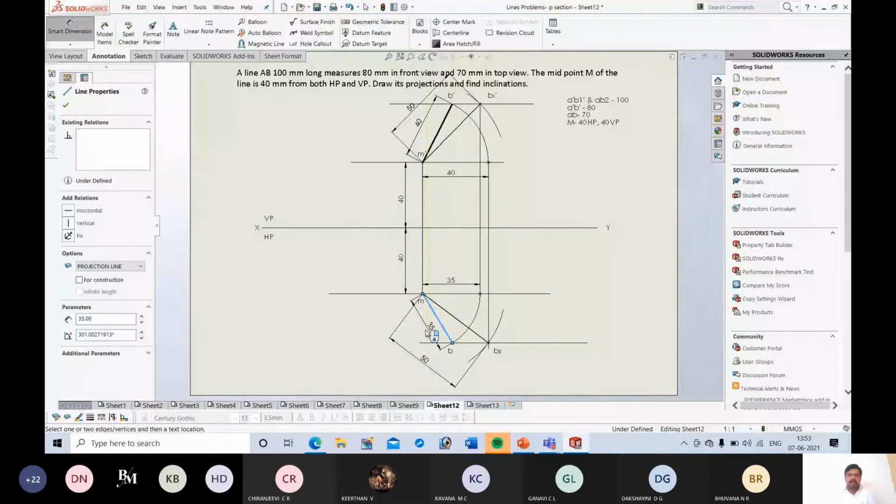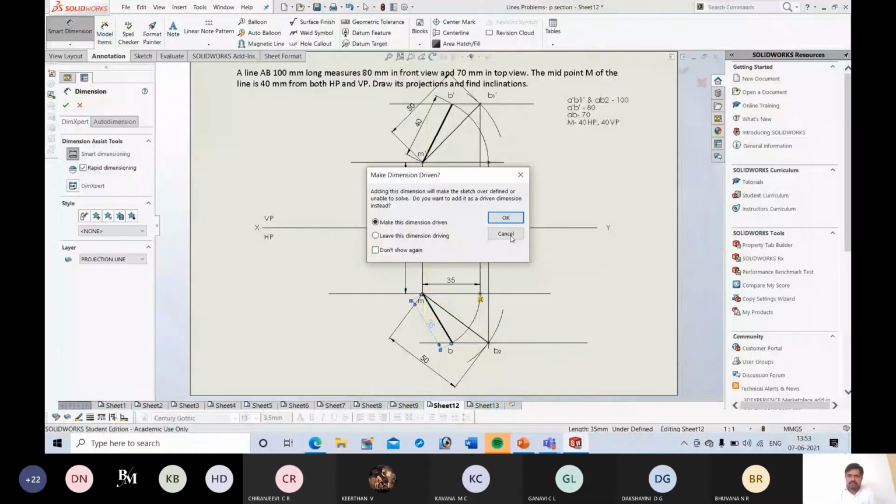Now I have drawn the front view and top view of half portion of the line.